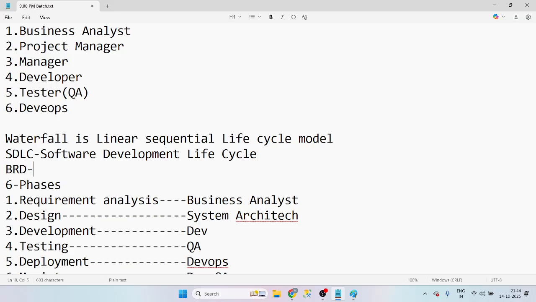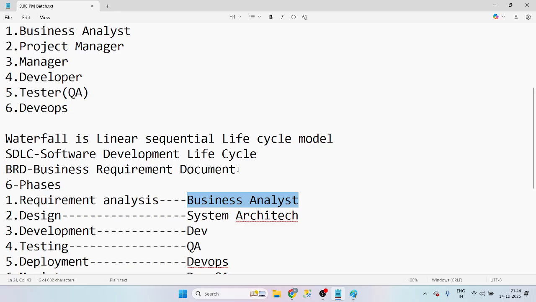This BRD document, we call it business requirement document. This business requirement document will be handed over to the business analyst.